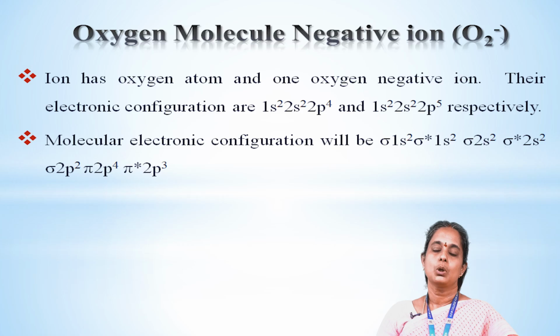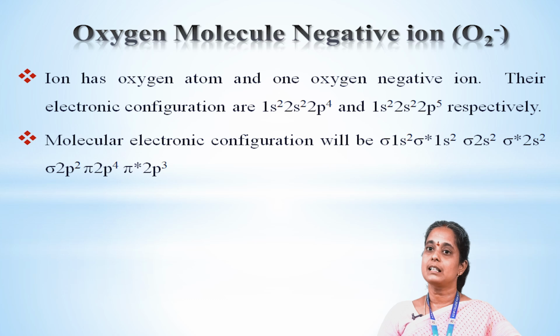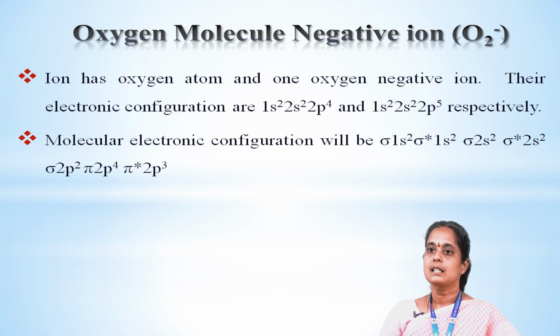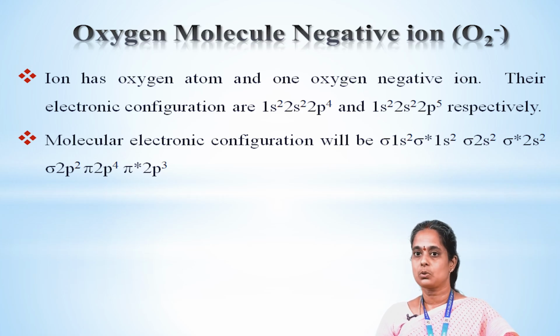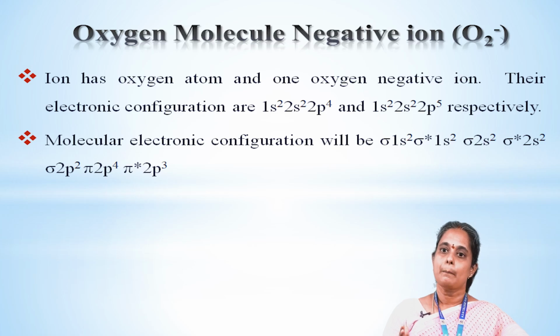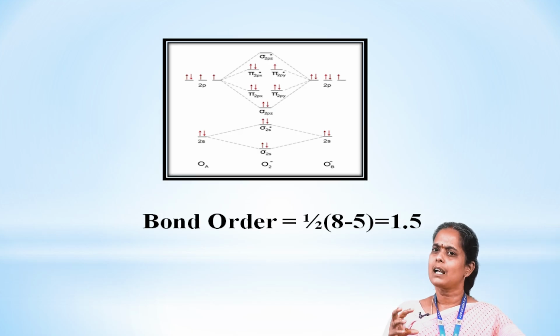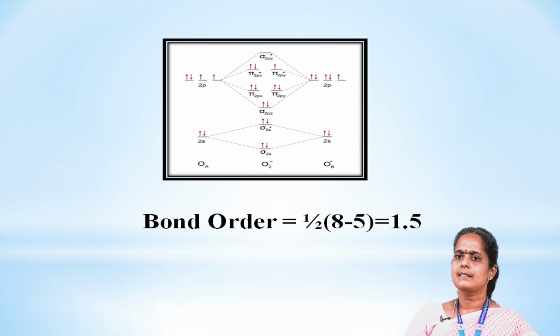Thus, we have 6 plus 7, 13 electrons in their valence shell. So, its molecular electronic configuration will be sigma 1s2, sigma star 1s2, sigma 2s2, sigma star 2s2, pi 2p4, pi star 2p3. Now, we calculate the bond order of the oxygen negative ion: half into 8 minus 5, bond order is equal to 1.5.